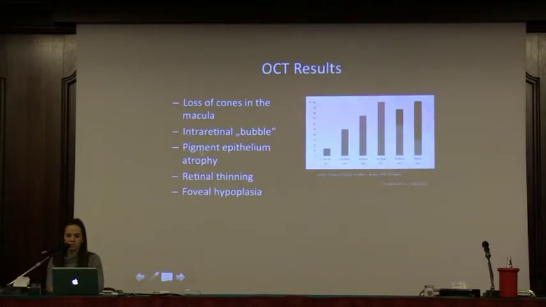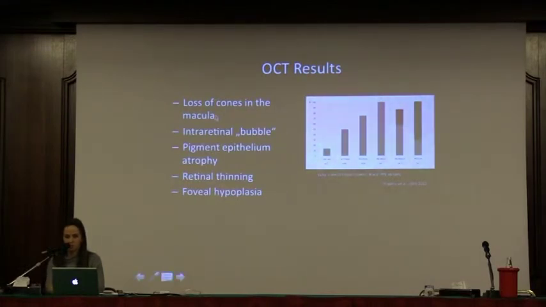We can also see that underneath these missing cones, an atrophy, a degeneration of the retinal pigment epithelium can also occur. And in some cases, we do see a foveal hypoplasia, which means that the very center part of the retina is not built properly, so it's not developed properly.